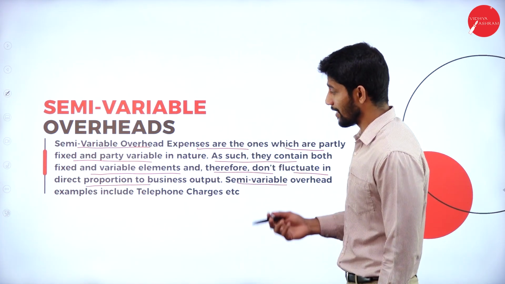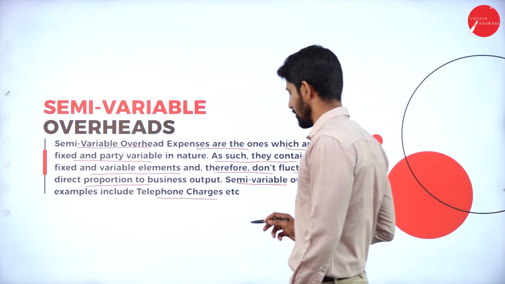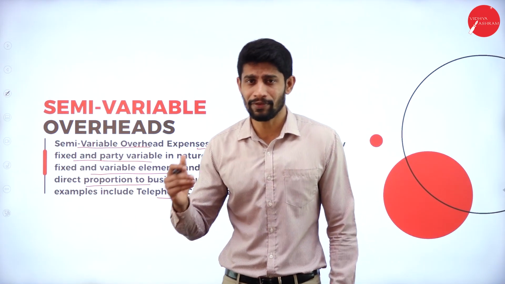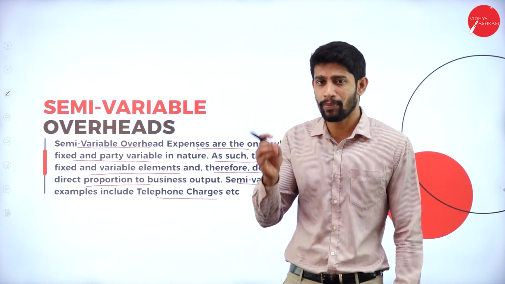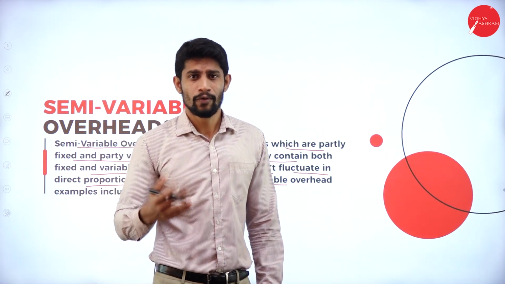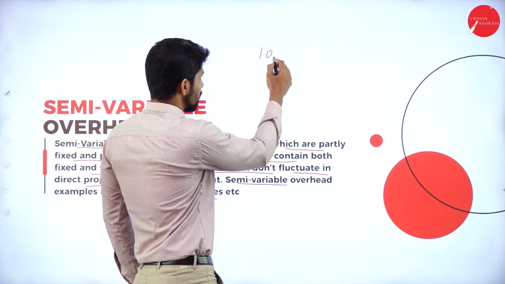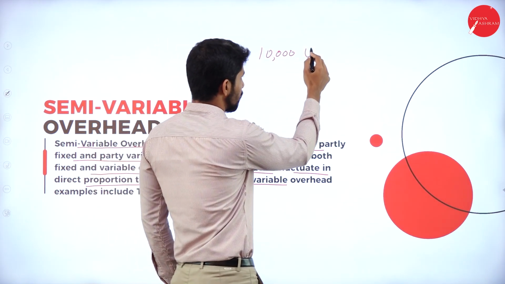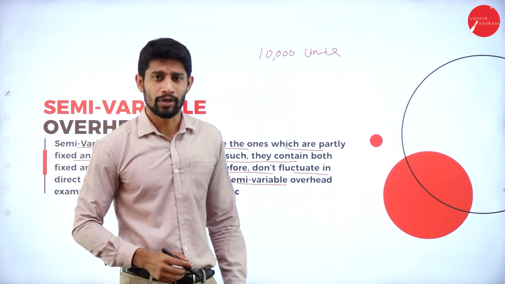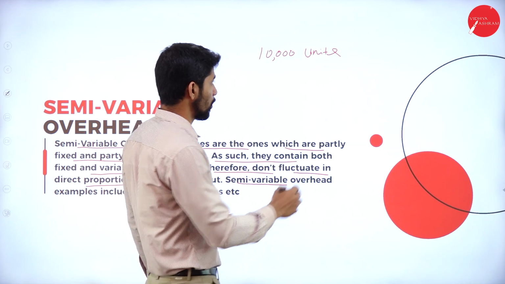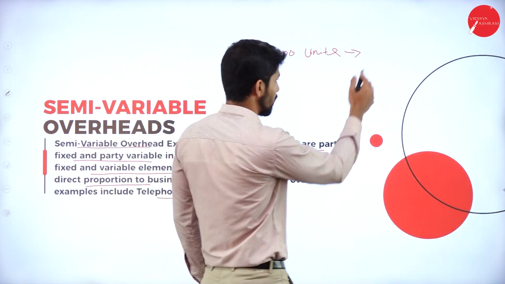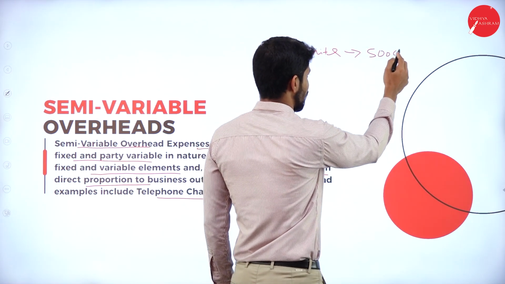Semi-variable overhead examples include telephone charges. Semi-variable is nothing but partly fixed, partly variable. For a certain limit, it will be fixed. If the limit crosses, the value will change. For example, you are producing 10,000 units of product, and you are paying wages in the production department of rupees 5,000.